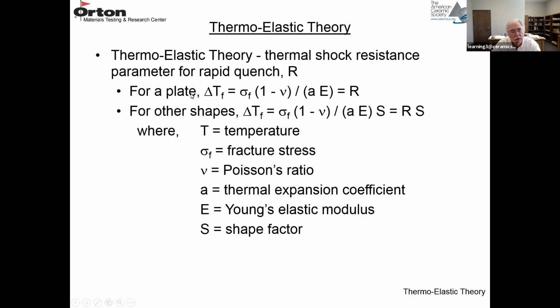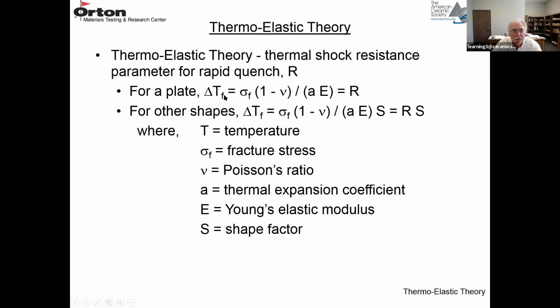So for, again, our infinite plate, delta T at failure, the temperature difference required for failure, equals the fracture strength, sigma F, times the Poisson effect, 1 minus nu, divided by alpha, the thermal expansion coefficient, and E, the Young's elastic modulus.